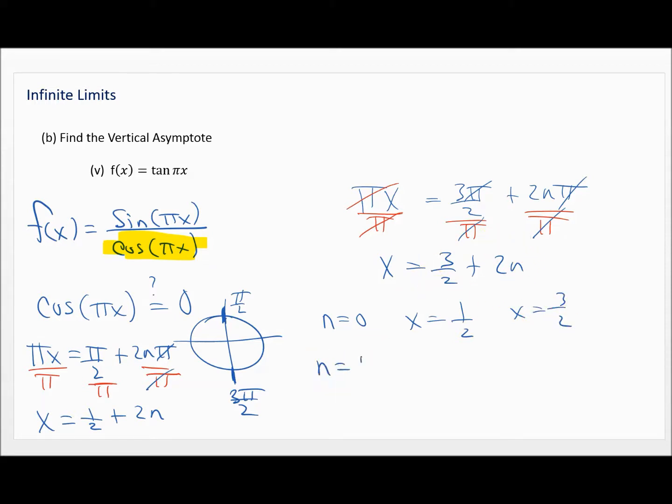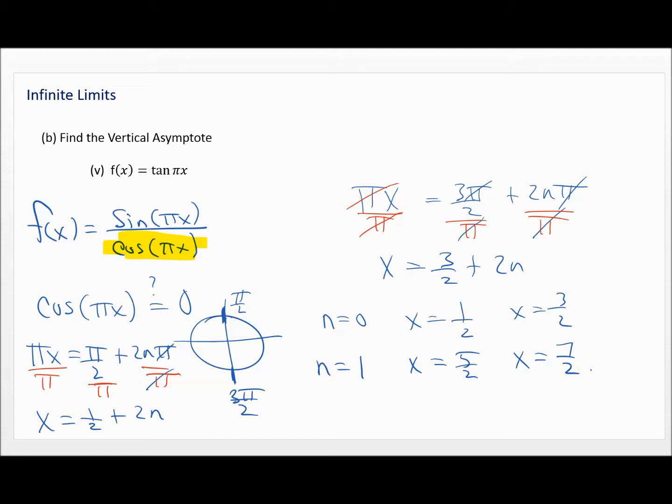If n is equal to 1, that would give me 1/2 plus 2, which would be 2.5, or you could say x is equal to 5/2, and over here, 3/2 plus 2 would be 3 and 1/2, or you could find a common denominator and say that's 7/2.